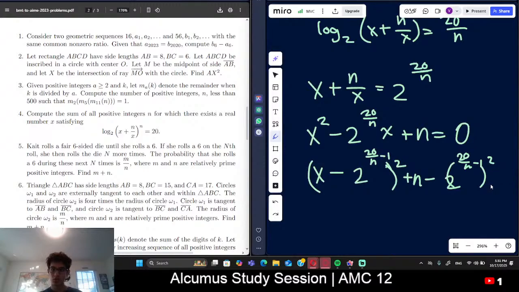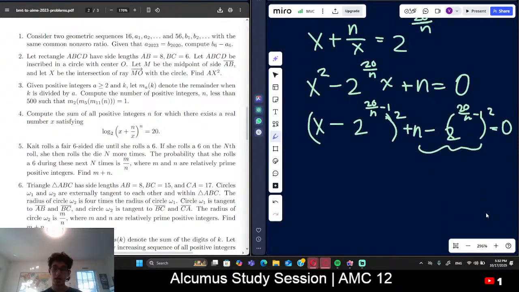And so what we want here, this is a perfect square. So this has to be less than 0, right? So we want this to be less than 0.